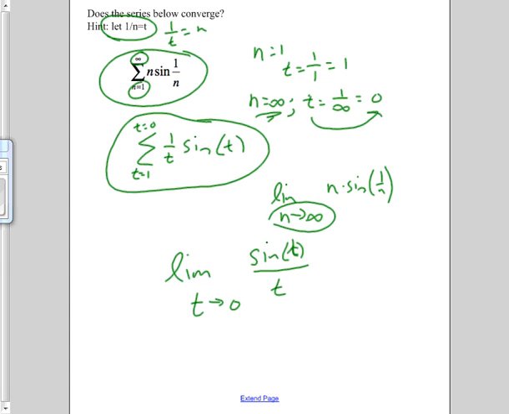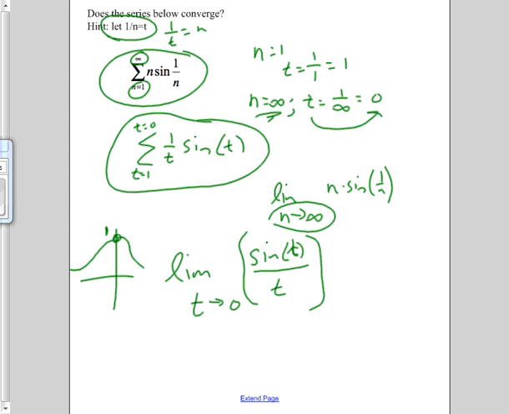If you need a reminder, if you graph this function, you get something that looks like this. It's a beautiful graph. It's got a hole there, and then it comes down, and that value is 1. And so you could use the squeeze theorem or other theorems to prove what this limit is.